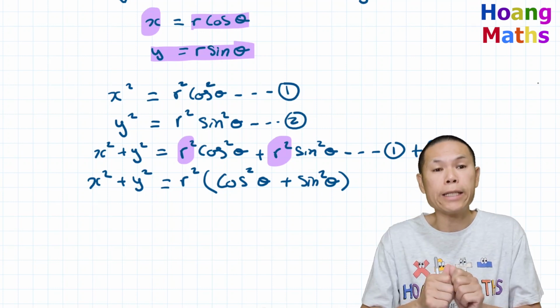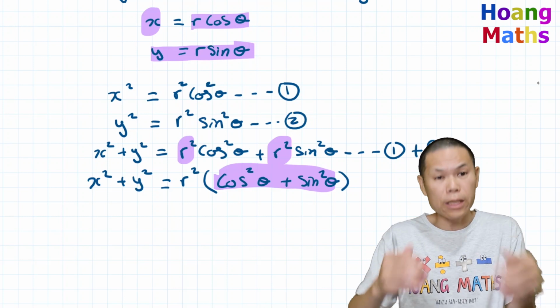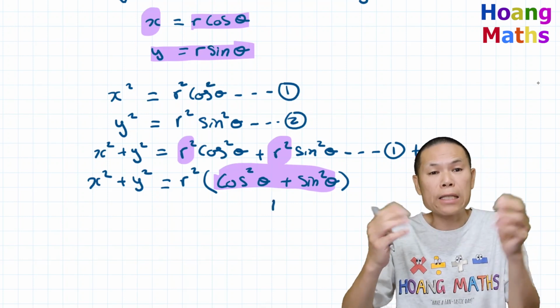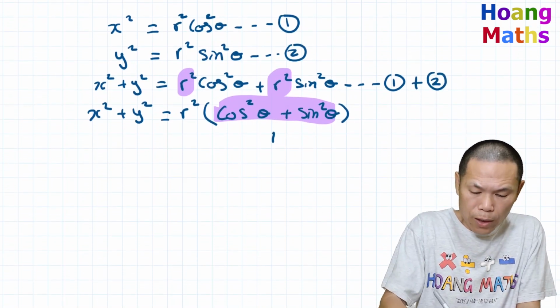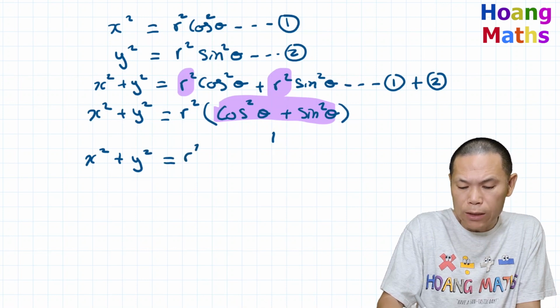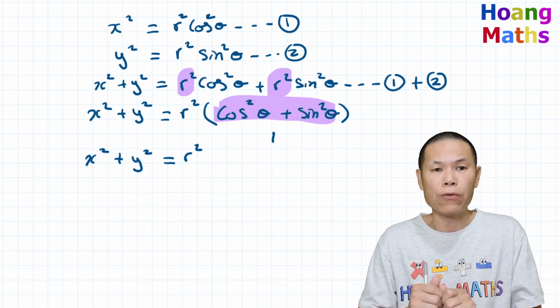And the trig identity is cos squared theta plus sine squared theta is equal to 1. So r squared times 1 is r squared. Therefore, x squared plus y squared is r squared. So there you go. This is the Cartesian equation for a circle.